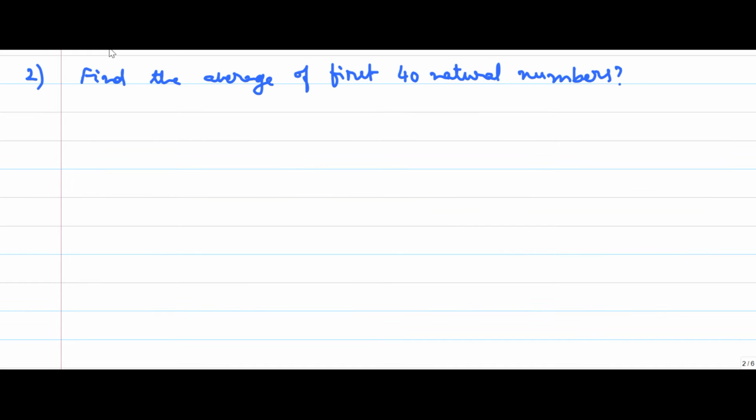Let's move on to the next. The second question is, find the average of first 40 natural numbers. As we know, average is equal to sum of the observations divided by number of observations. Now we need to find the sum of observations here.